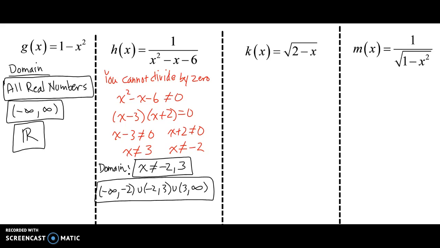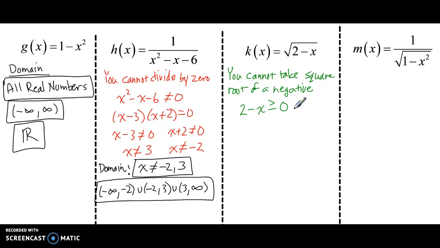The other issue you've got is roots. If you have a square root, like in this case, the inside of the square root cannot be negative. So the rule here is you cannot take square root of a negative. So what that means is the stuff that's inside the square root, whatever it is, in this case it's 2 minus x, whatever's inside the square root, it has to be 0 or larger.